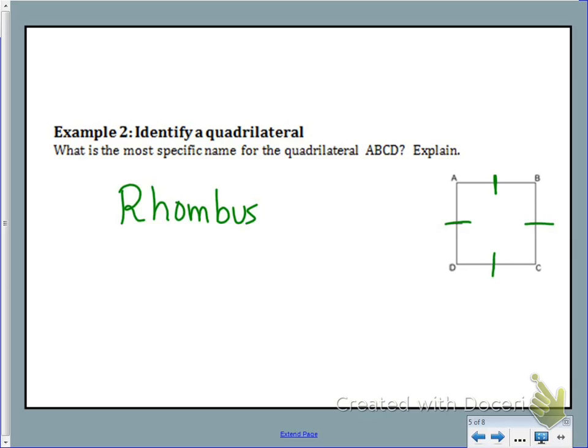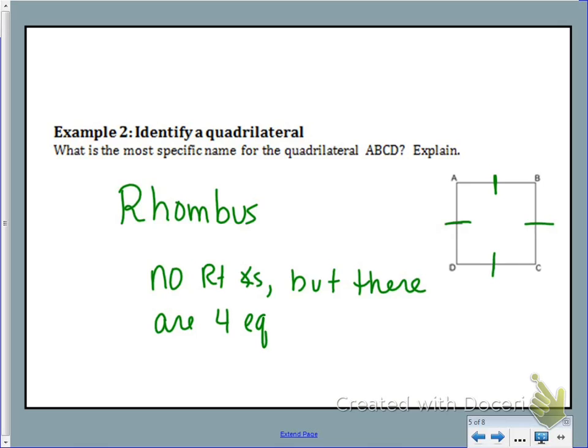So our reasoning is there are no right angles, but there are four equal sides. So essentially, this is why it's a rhombus, and then what I just crossed out is why it's not a square, so you wouldn't have to include that in your description.